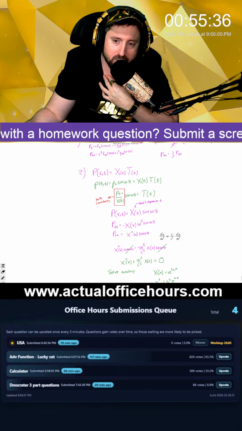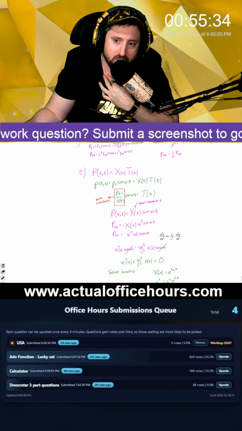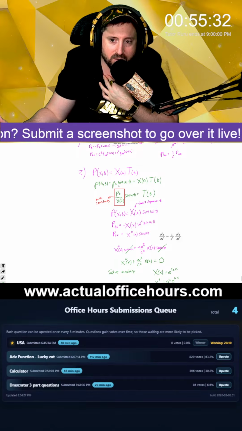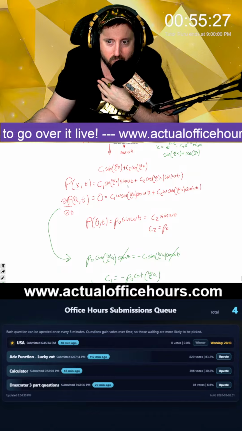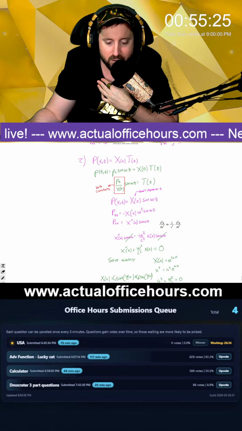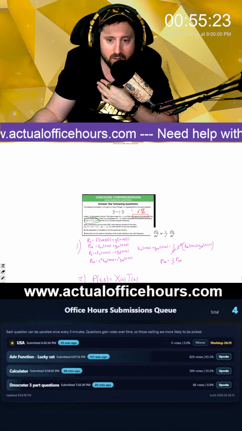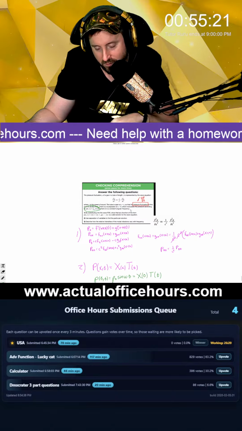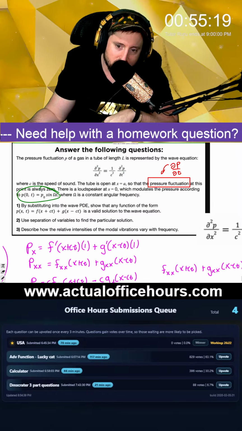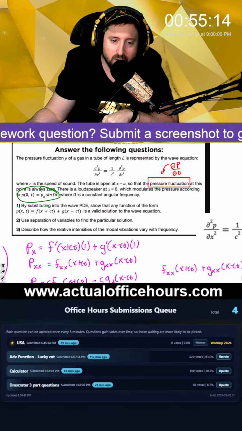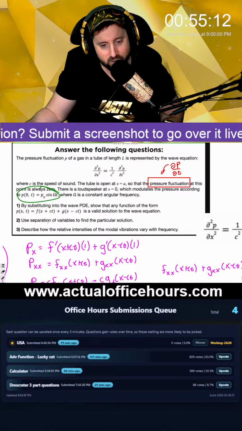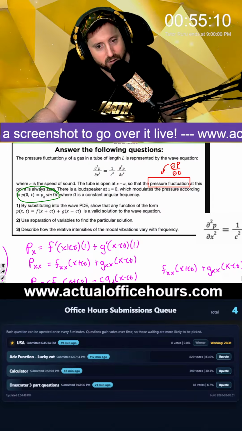P naught over x naught is also a constant. So we just assume that t is sine omega t into each other. I see. And then that's just going to change the C1 and the C2 later. Yeah, and it's just going to change how we have to evaluate that. But it doesn't make too much of a difference in difficulty to do it that way. That's so cool. Okay. I like it. It's just like assume and then just hope it works out, and it does.